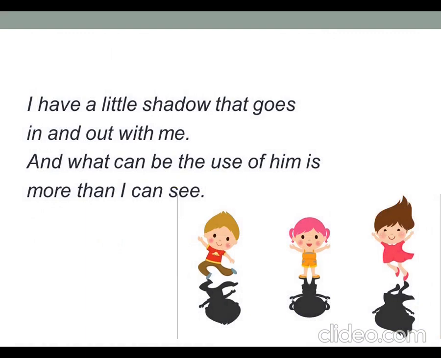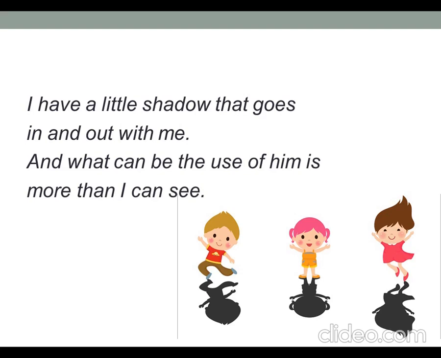I have a little shadow that goes in and out with me, and what can be the use of him is more than I can see. Now, here the poet has thought of himself as a small child, and he has a little shadow which goes in and out with him. Like if you are at home, you will have your shadow, and when you move out of the home, your shadow will come with you.